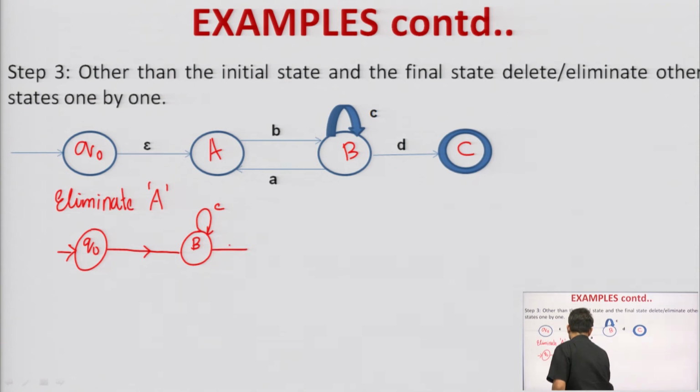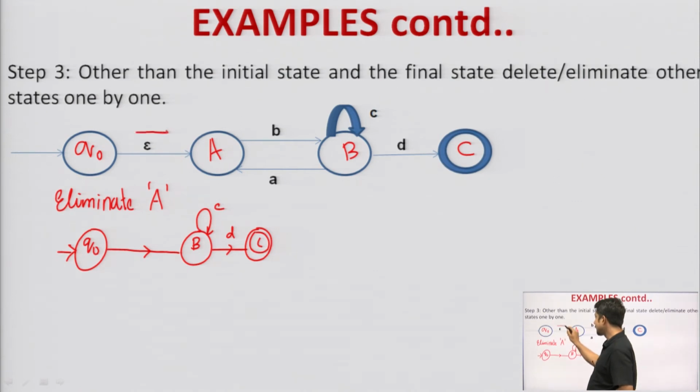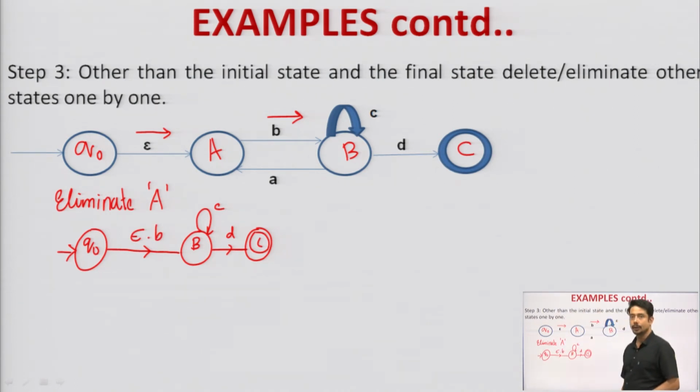So, let me draw the diagram. Other than that, everything will be fine. Now, this transition will be like this, through epsilon, then through B. That means it will be epsilon dot B. I hope it is clear to everyone. Now, if I am eliminating this state, what about this particular transition?